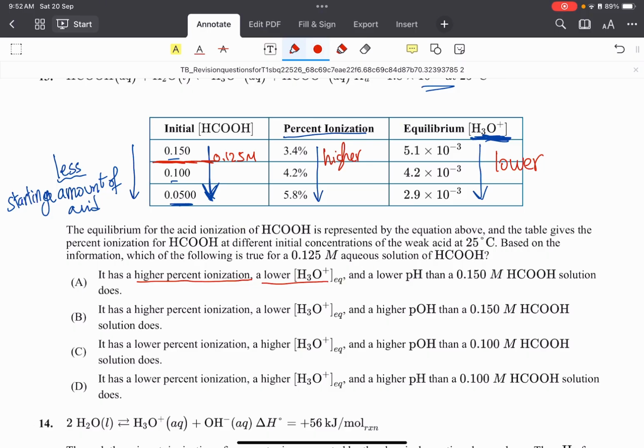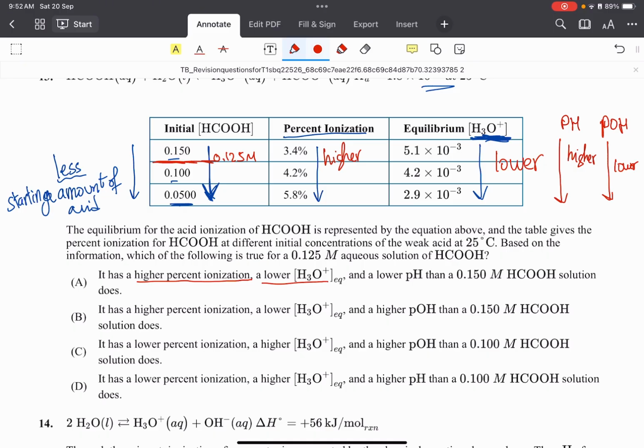If I go like this, it's going to be higher pH, and it's going to be lower pOH. So these are the words we are looking for.